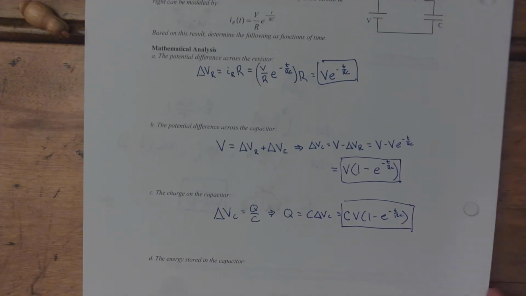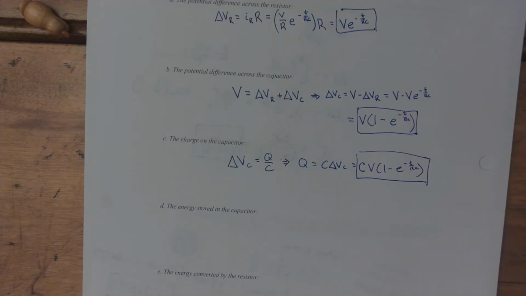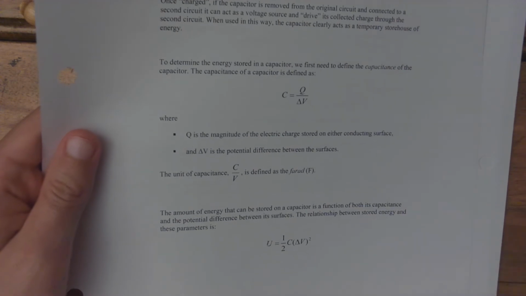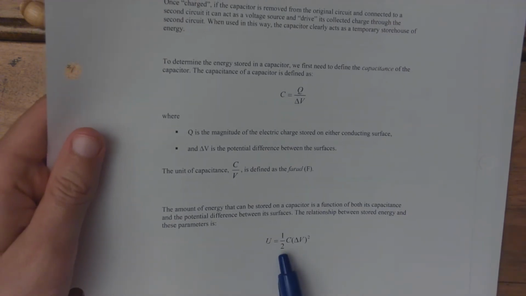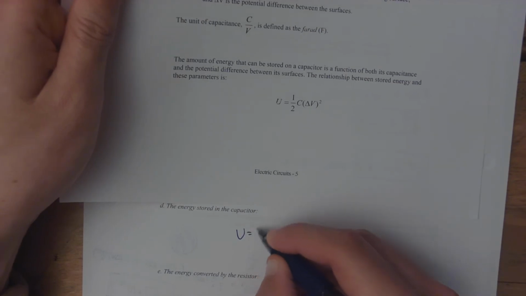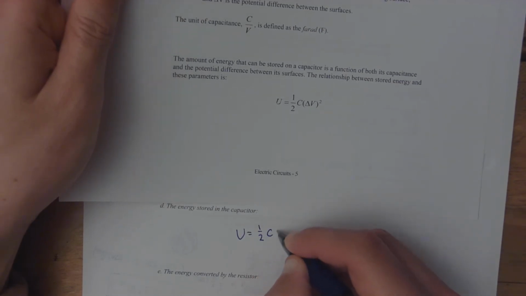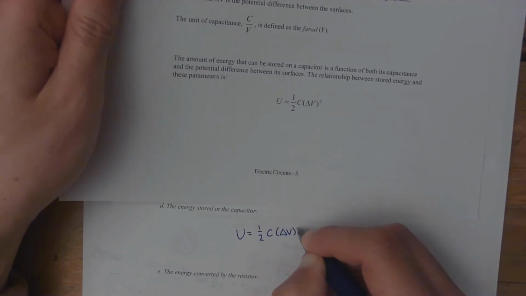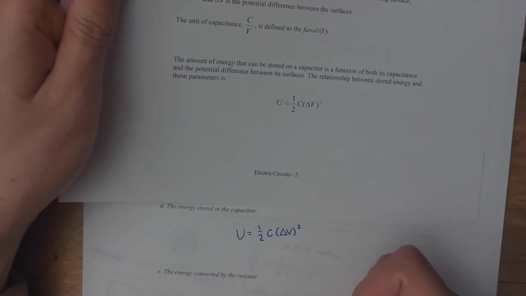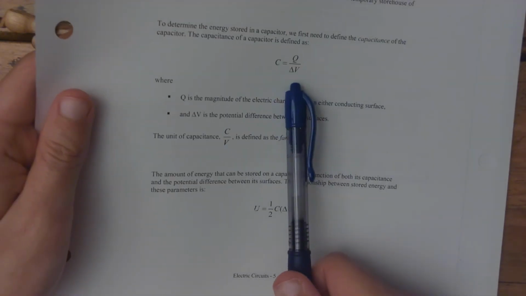Then I want to find the energy stored in the capacitor. Well, this equation, I believe, is given to you in the beginning of this section in the Spiral Physics textbook. This is on page 5. We have the equation for the energy here. U is equal to 1/2 times C times delta V squared, where this delta V would be the potential across the capacitor.